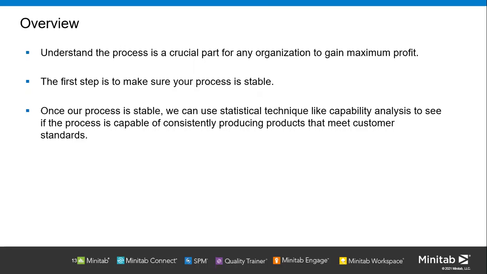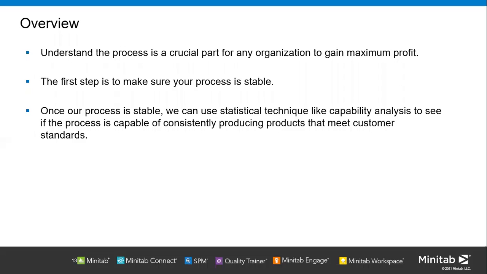Okay, so understanding the process is a crucial part for any organization to gain maximum profit. The first step is to make sure your process is stable. To make sure the process is stable, we already covered the control chart itself in last month's webinar. If you have time, after this you can view it.